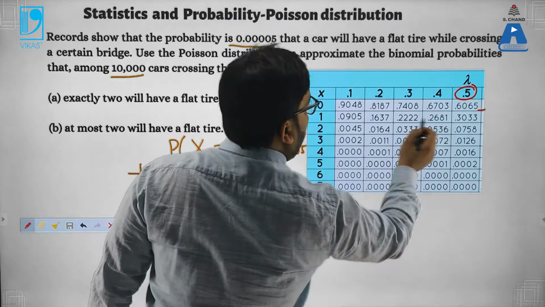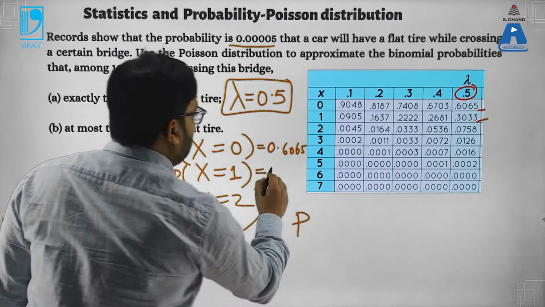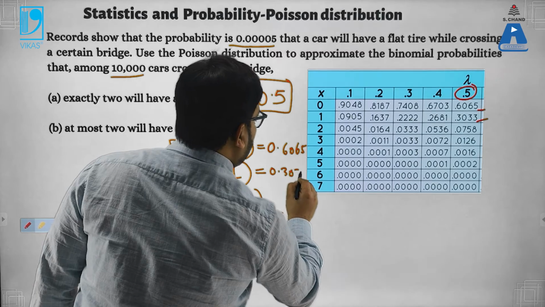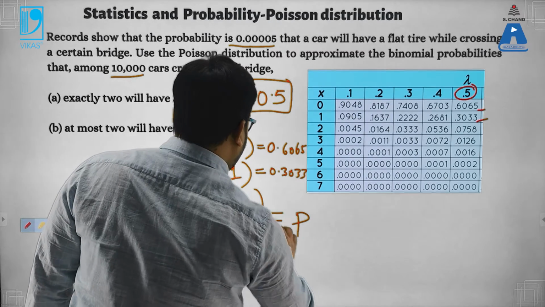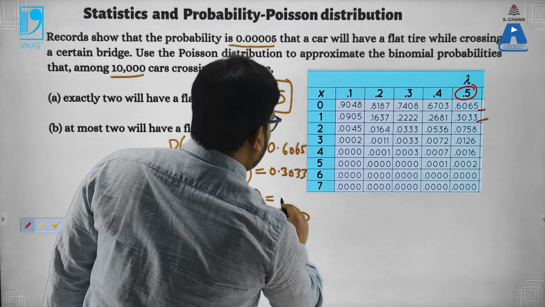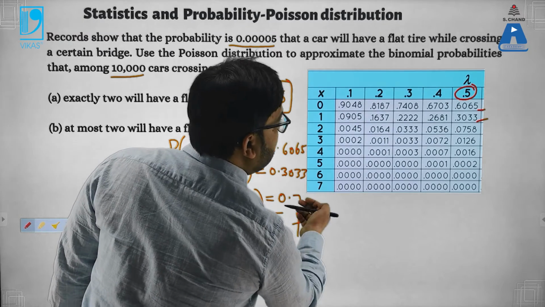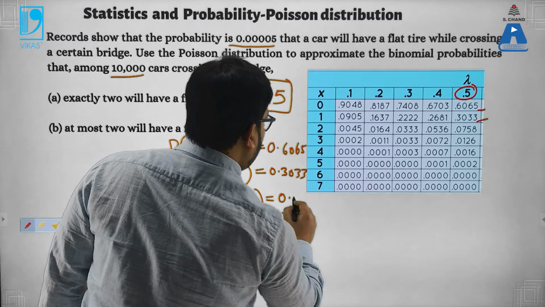For x equal to 1, this number is 0.3033. And for 2, it is 0.0758.